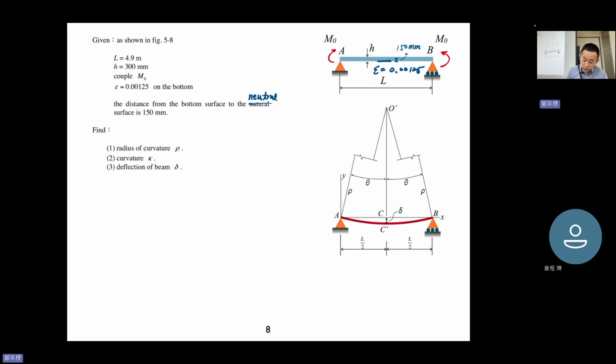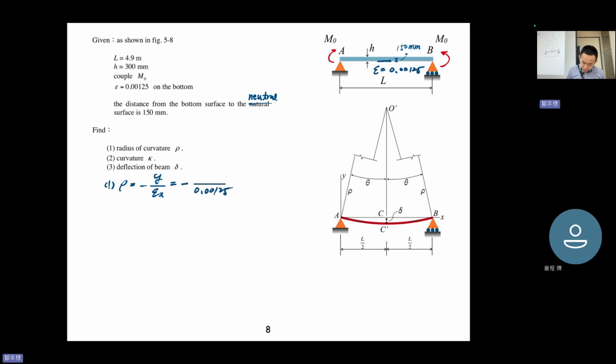All right, so let's continue. Here, 1 over rho equals minus y divided by epsilon x, right? We just changed the order of the equation we just made. So now, minus 0.00125.